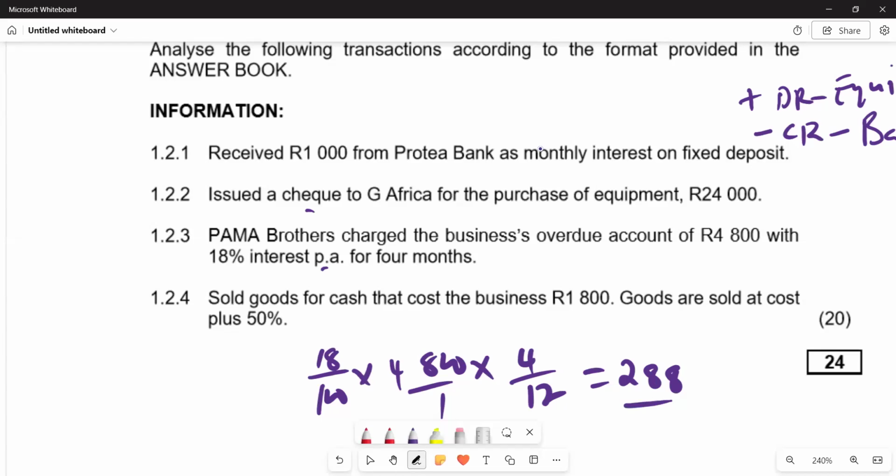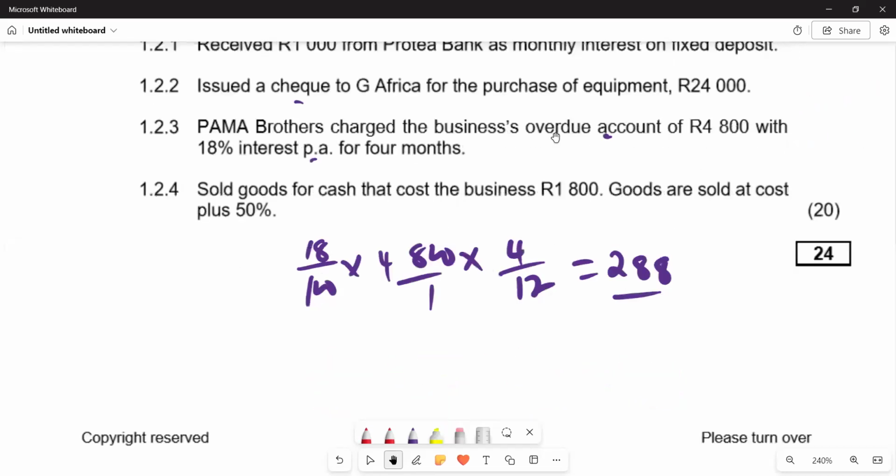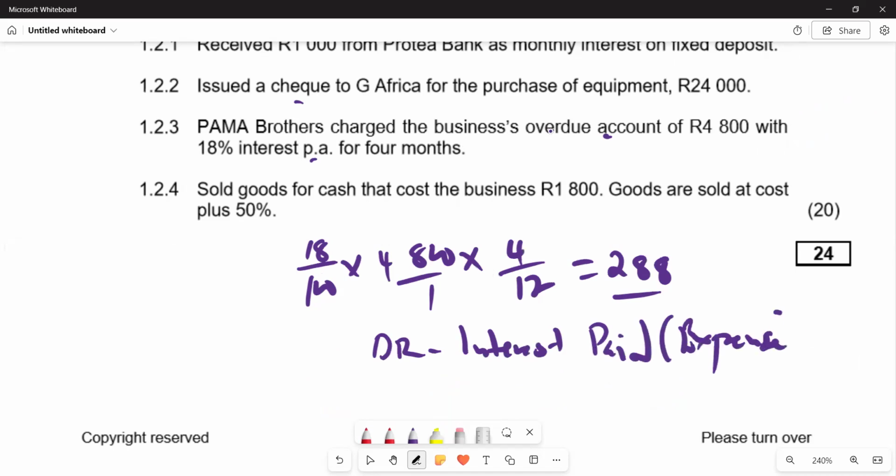This is an overdue account, which means this is a creditor. So we are going to credit the creditor's control. So basically, we debit interest paid as an expense, and then we credit the creditor's control, because this interest is going to increase the amount that the creditor is owed.